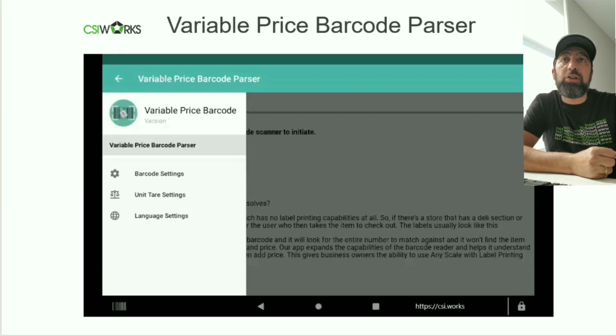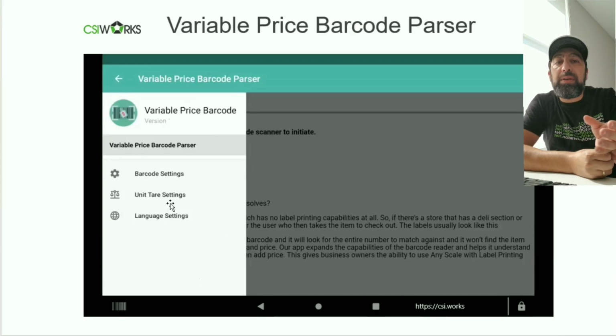And lastly, we're talking about the unit tare. Unit tare used to be its own app. It was sold as a separate app on its own, in addition to Variable Price Barcode Parser, but that app did not enjoy the same level of demand as the rest of the apps.